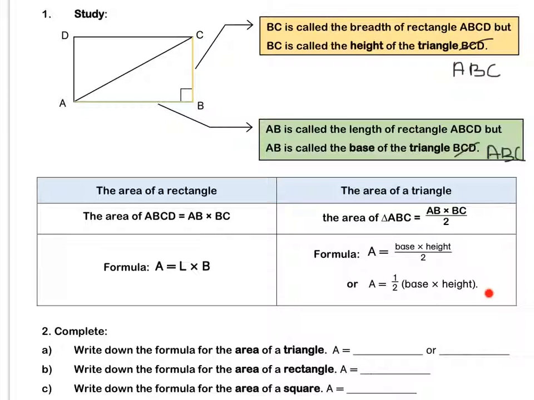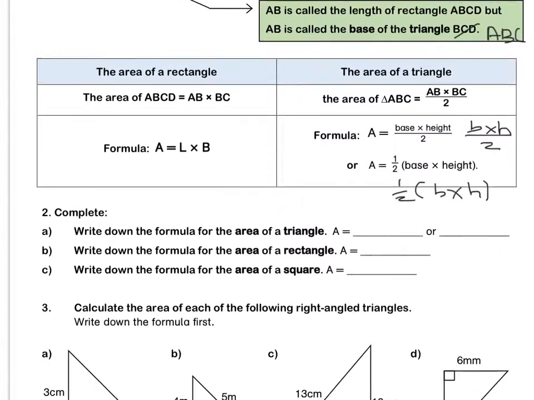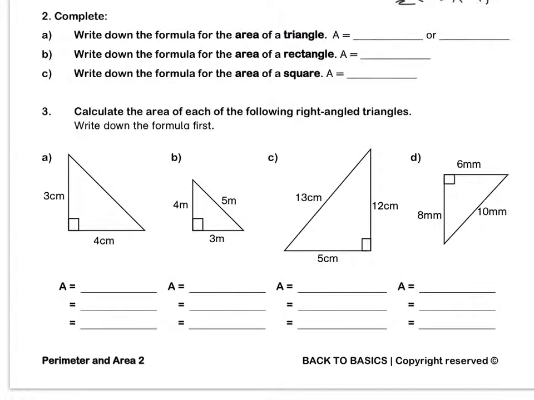For both of these formulas, we can substitute base and height with b and h, so it's b times h over 2, or in this case, a half b times h, to make our formula shorter. Use what you have learned to complete question 2 by yourself. Press pause to do so.